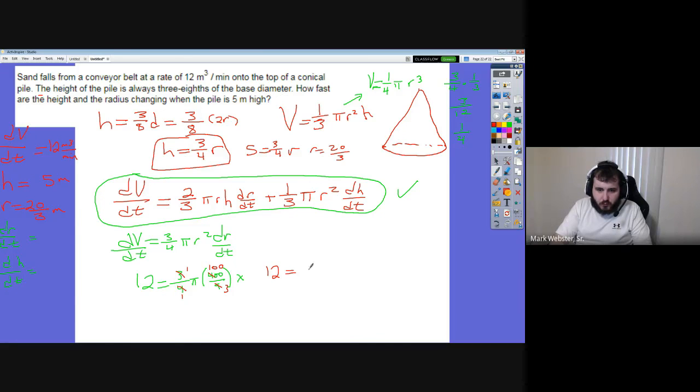12 equals 100 pi over 3 x, and then I can just take the reciprocal, get the 3 up there, divide by the 100, 36 over 100 pi, which if you want to simplify that, I think that's 9 over 25 pi.